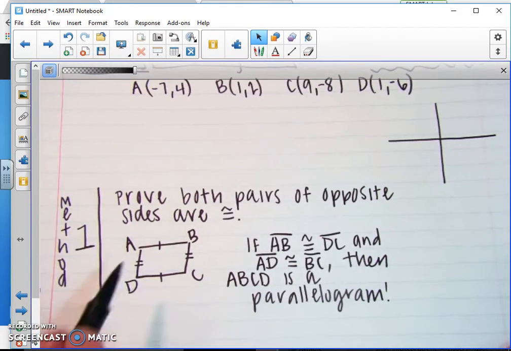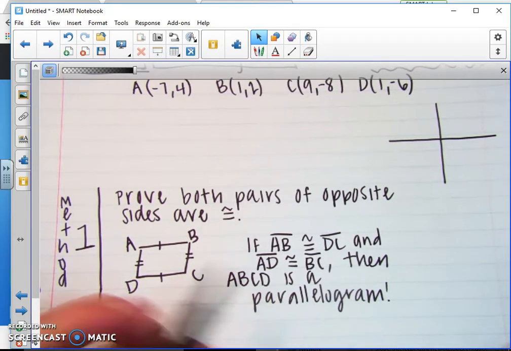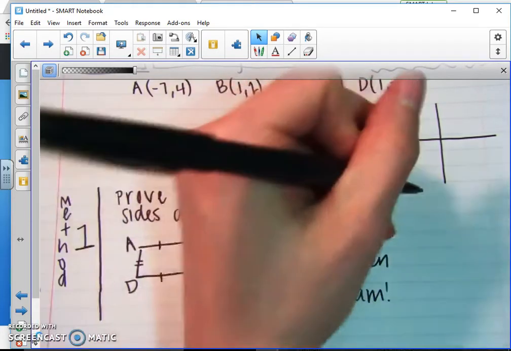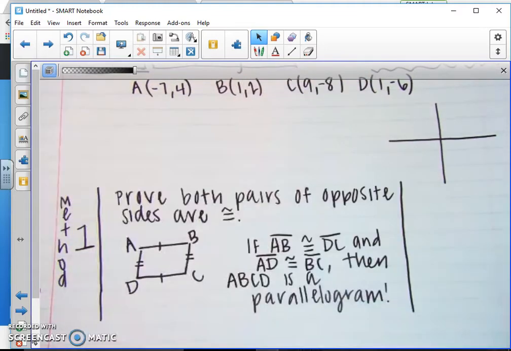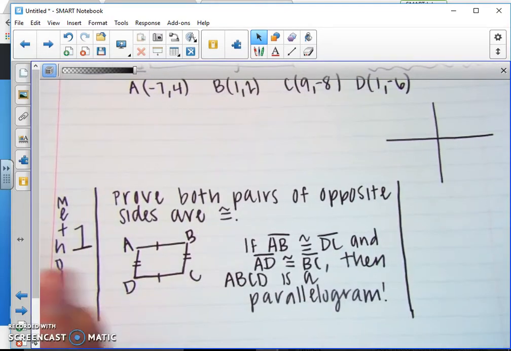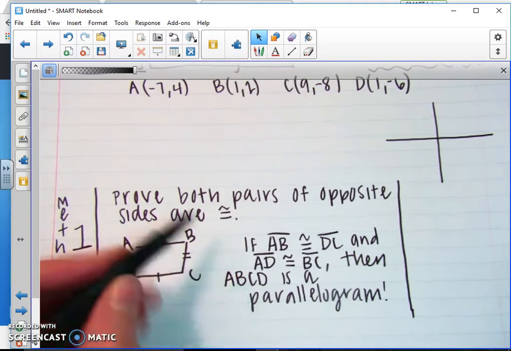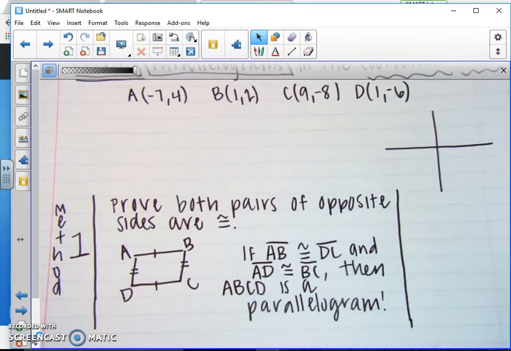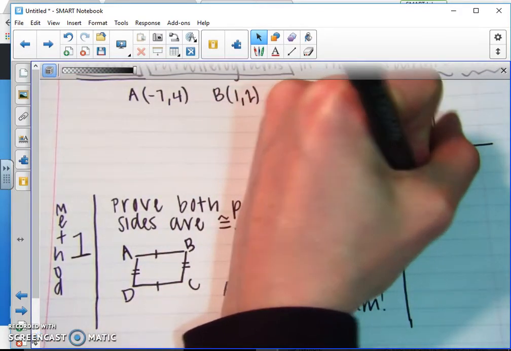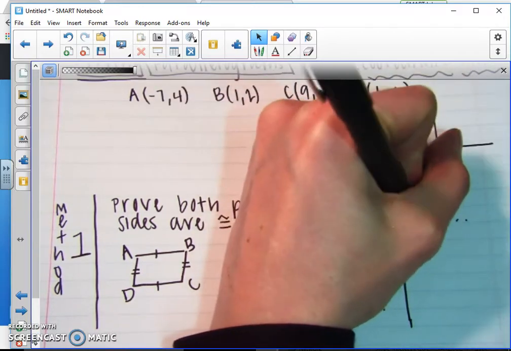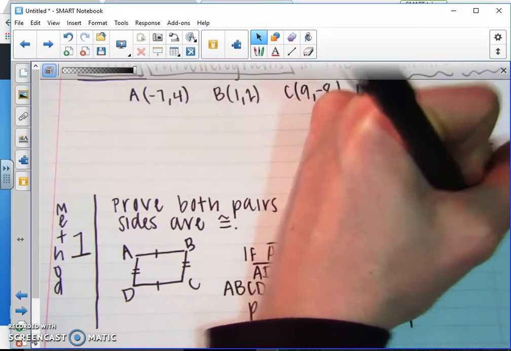We're going to prove that both pairs of opposite sides are congruent. Well, what would we use to prove that 2 sides of something are congruent? Well, congruency is talking about length, and if I have points on a graph, how do I find length? I'm going to use the distance formula.